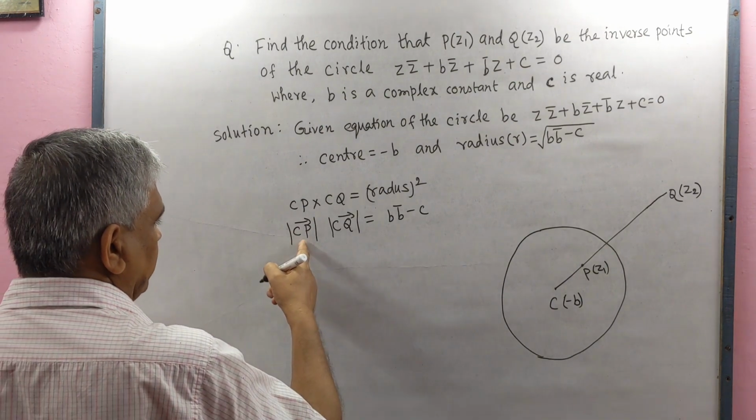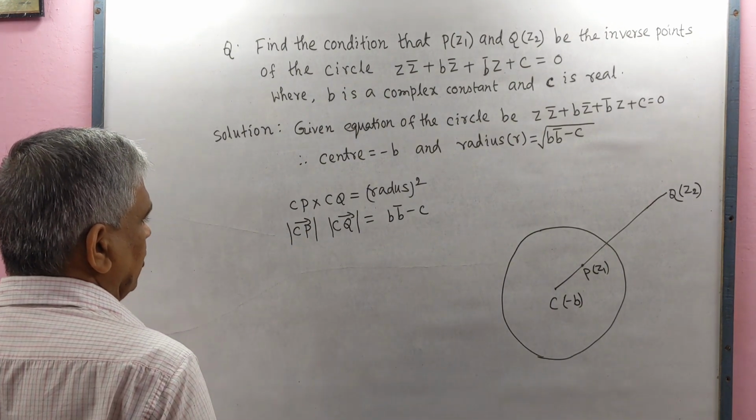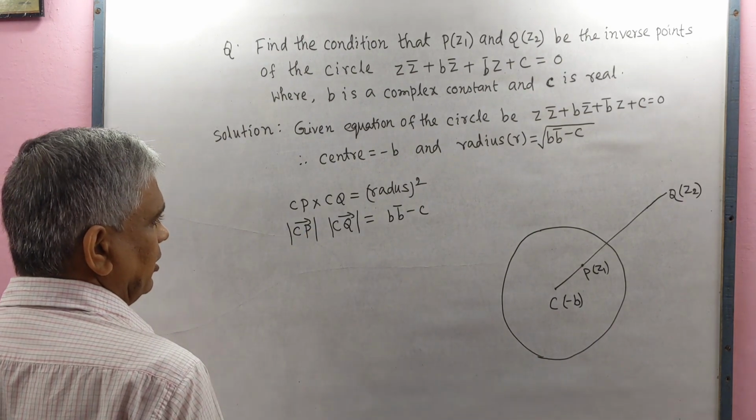By complex numbers, we can find the magnitude of the vector CP.